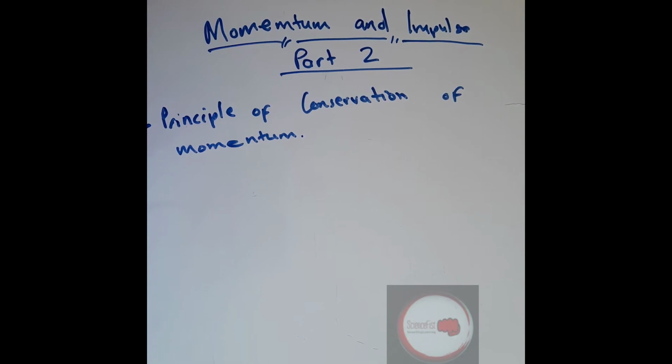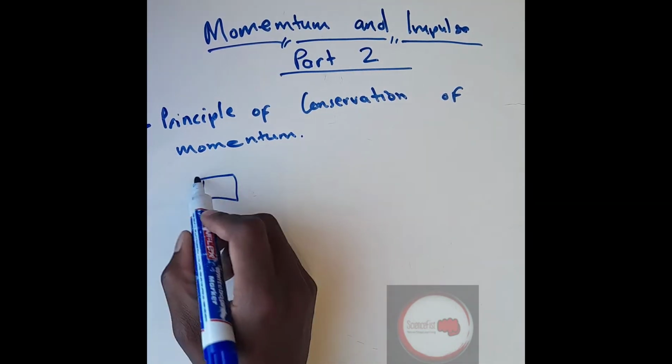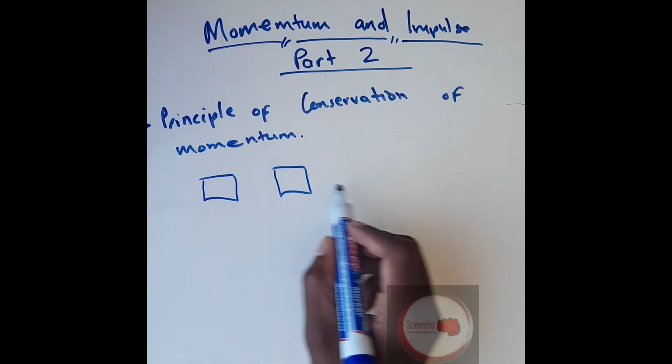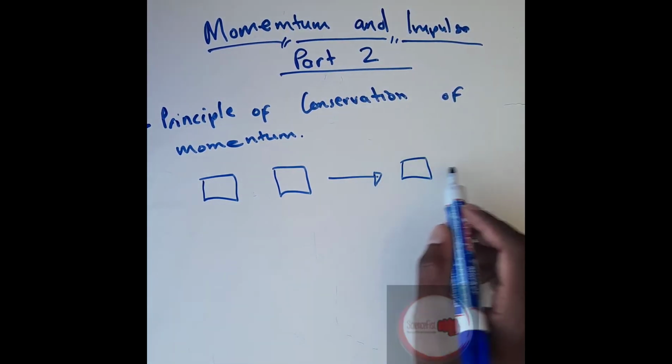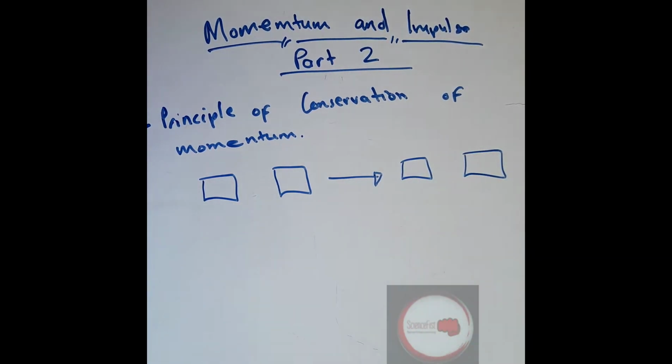So what actually happens now, let's say we have two objects. They collide and separate afterwards.